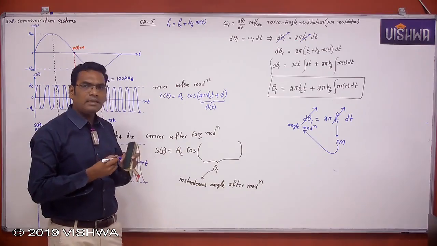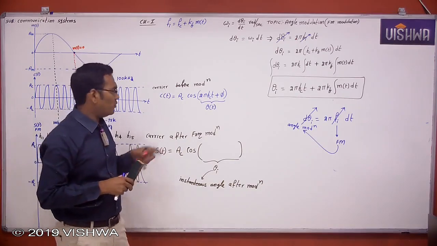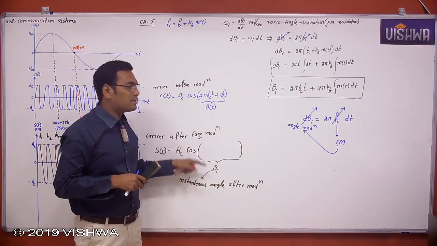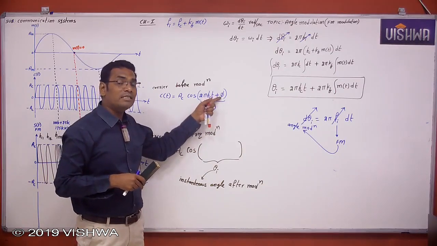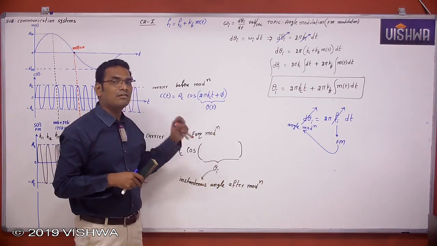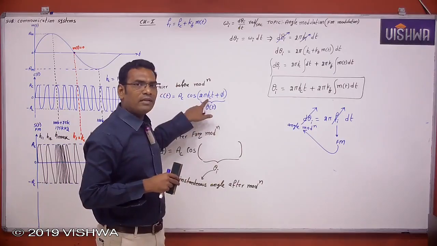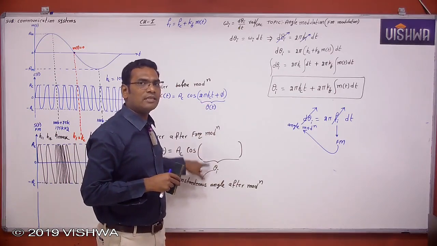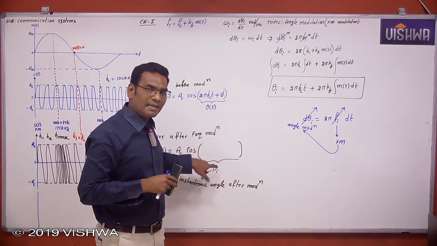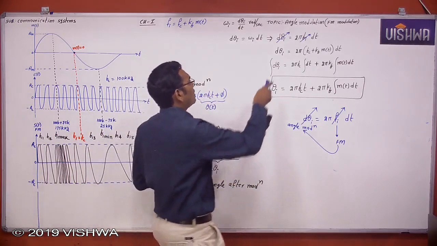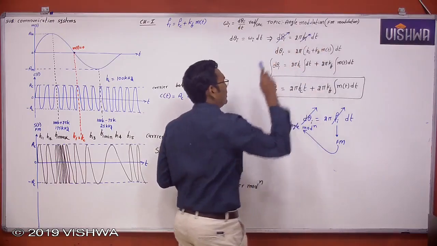Now students, I think one point is also clear to you. So sir, when frequency changes, the instantaneous angle changes. At the same time, when phase changes, the instantaneous angle also changes or not? Yes, obviously 100% correct. That's why when frequency changes, angle changes, and when phase changes, angle changes. That's why frequency modulation and phase modulation are called angle modulation.